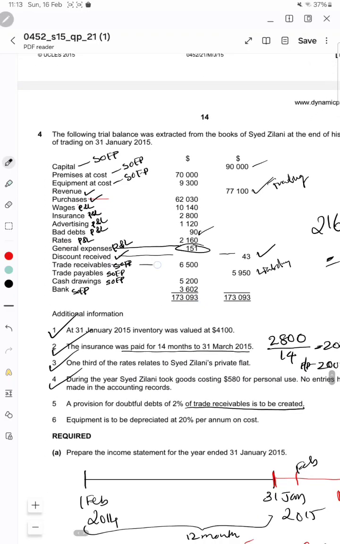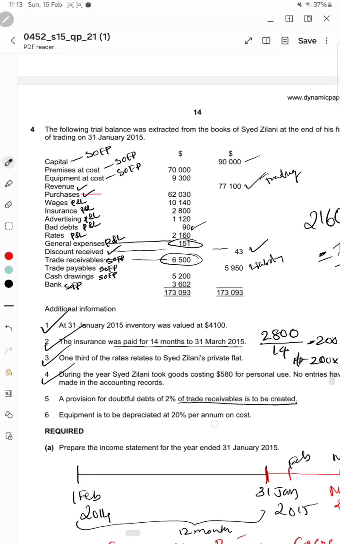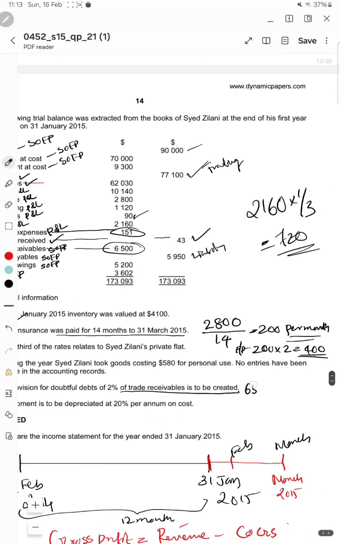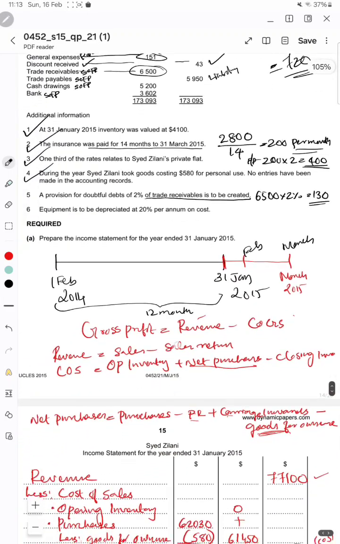Trade receivable is an asset, so it's a debit balance, 6500. So you have to find out 6500 into 2%. 6500 into 2 divided by 100 will be 130. Okay, so that 130 you should take as an expense here.